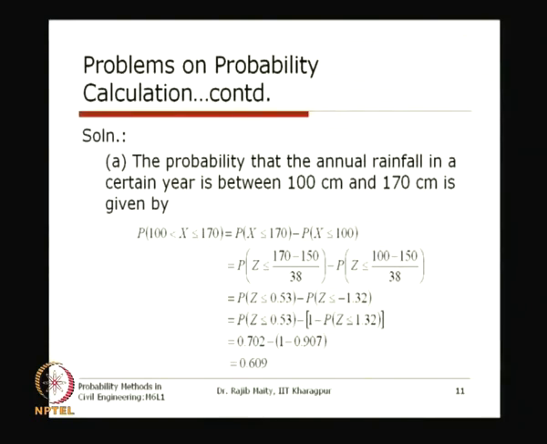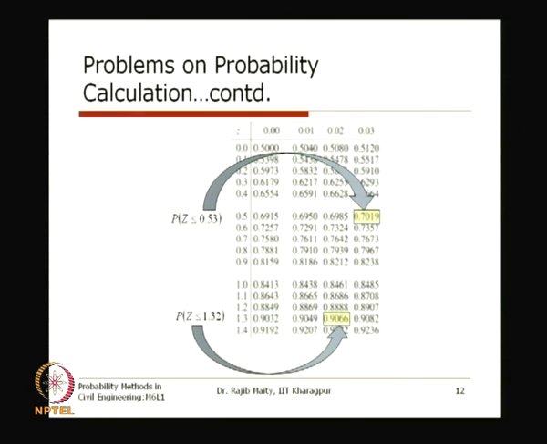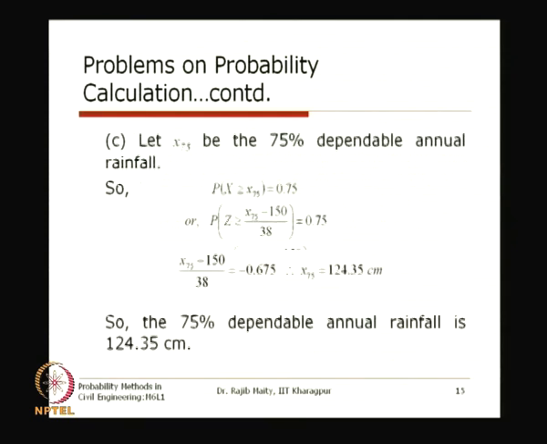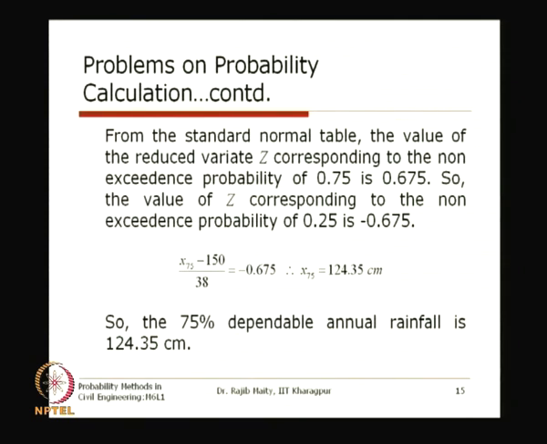This can be done in case from some textbook you get only the positive side values of the normal distribution. Here you can see that from the standard normal table, the value of the reduced variate z corresponding to the non-exceedance probability of 0.75 is 0.675. So the value of z corresponding to the non-exceedance probability of 0.25 is minus 0.675.